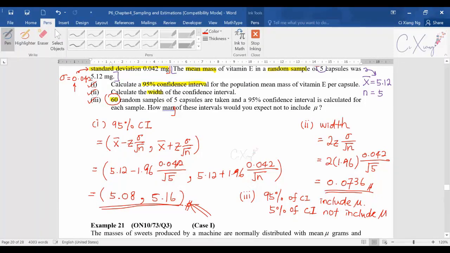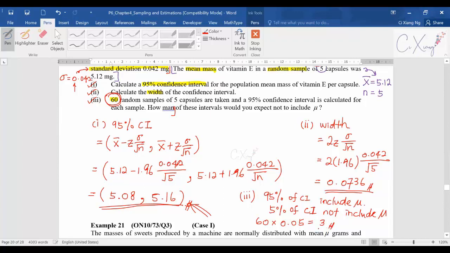Okay, so now they said I'm having 60 confidence intervals. How many of them do not include mu? So you just take 60 multiplied by 0.05. So you get 3.